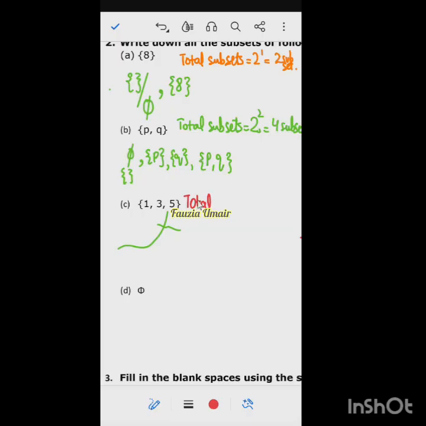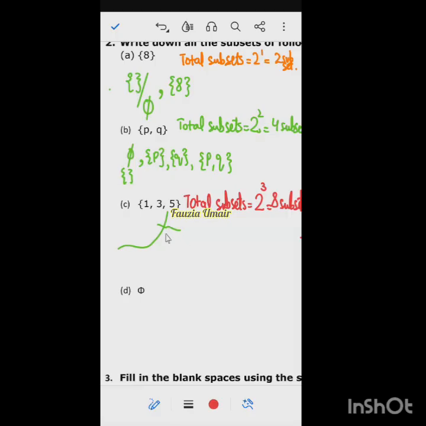Okay? In the third part, there are 3 elements. So the total subsets will be 2 cubed. What is 2 cubed? 8. So there are a total of 8 subsets if there are 3 elements in the set. What would be the first subset?